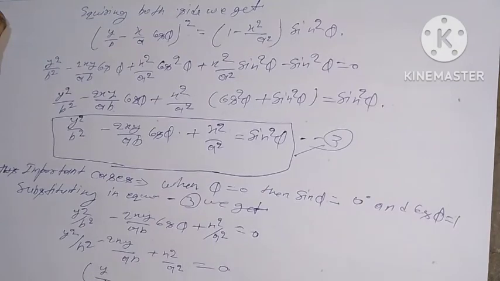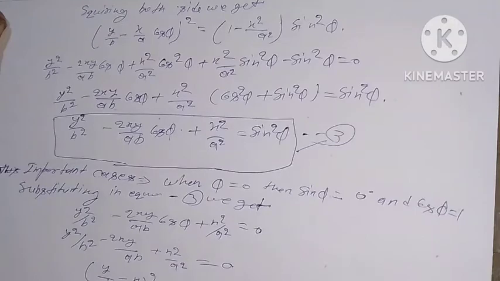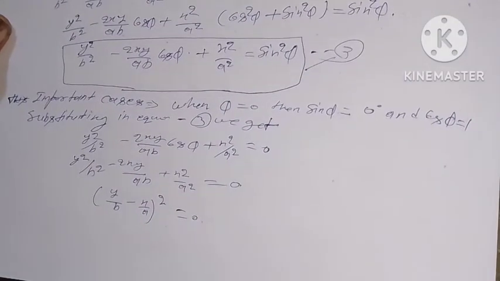Then y upon b minus x upon a whole square equal to 0.